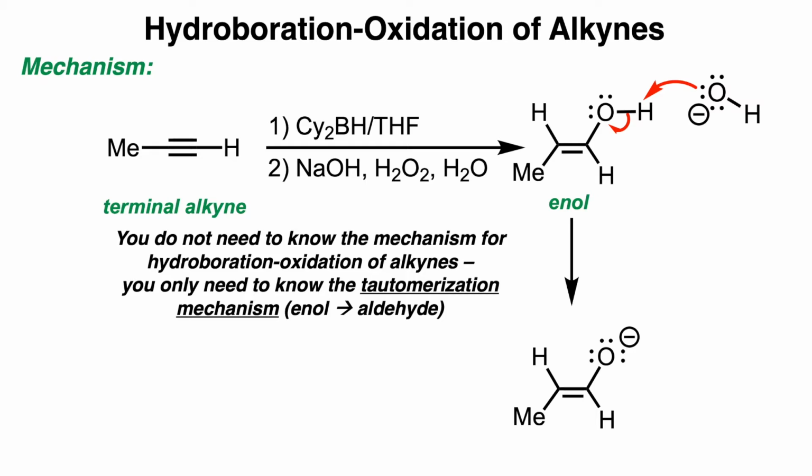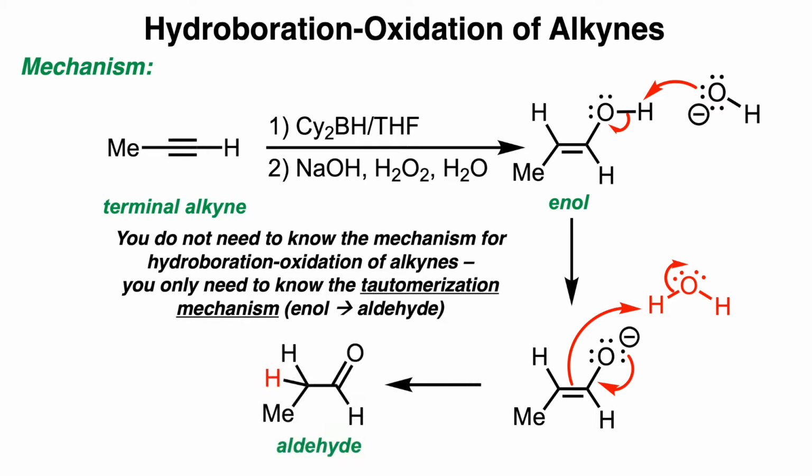One of the lone pairs of O- comes down to form a pi bond, and then the second arrow starts from the middle of the alkene pi bond towards a hydrogen atom of water. Then the next arrow goes from the OH bond to form a lone pair of electrons onto the O of water. This forms an aldehyde where the hydrogen, highlighted in red, was from the water molecule.